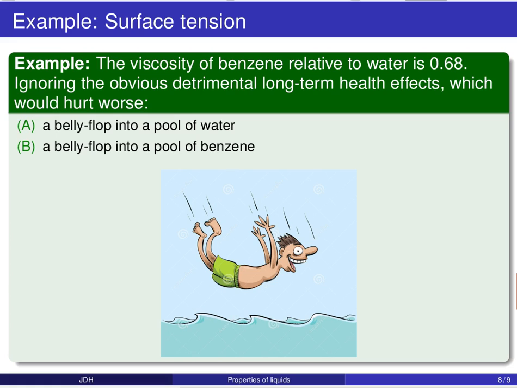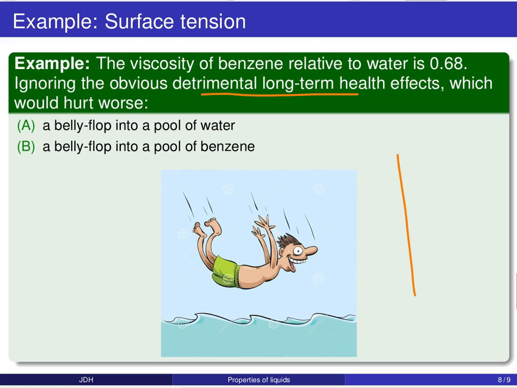I want you to now think of which would be more painful, a belly flop into a pool of water or a belly flop into a pool of benzene. And of course, we're ignoring the obvious long-term negative health effects of swimming in a pool of benzene. Benzene is a known carcinogen. By virtue of some pretty neat intermolecular interactions, benzene molecules can actually slide themselves into DNA strands.